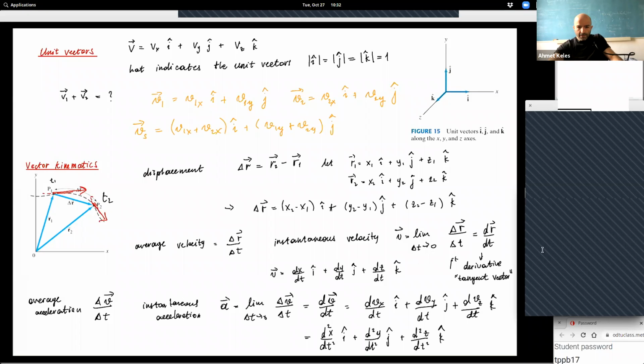We know that multiplying a vector with a constant, can we multiply a vector with another vector? You can multiply a vector with a vector, yes, but it is a little bit beyond the scope of this course. When you multiply vectors, it's actually more complicated than these, and there are different ways of multiplying vectors.